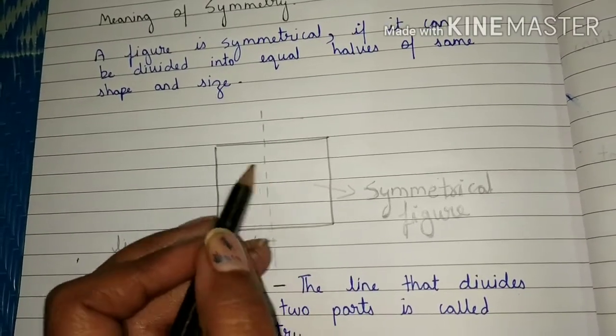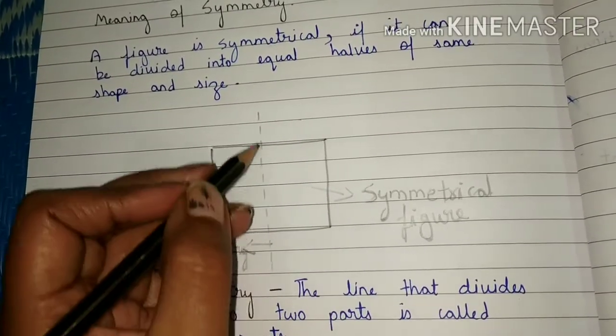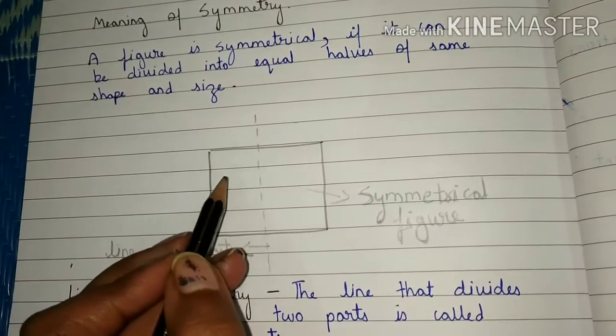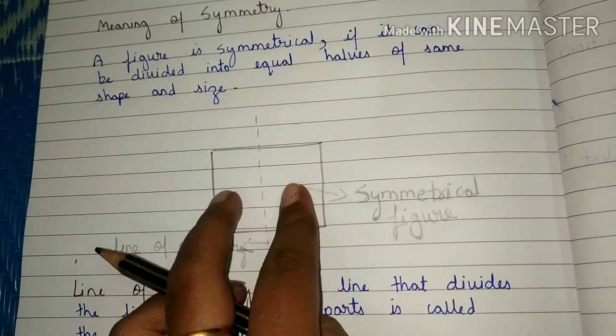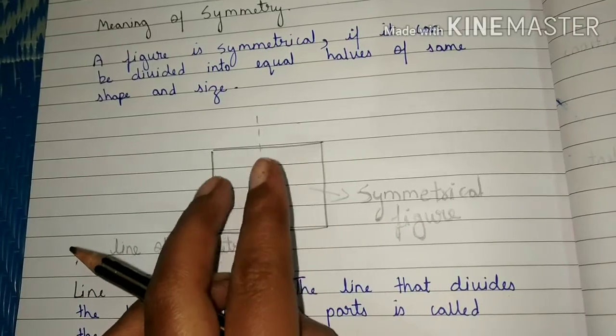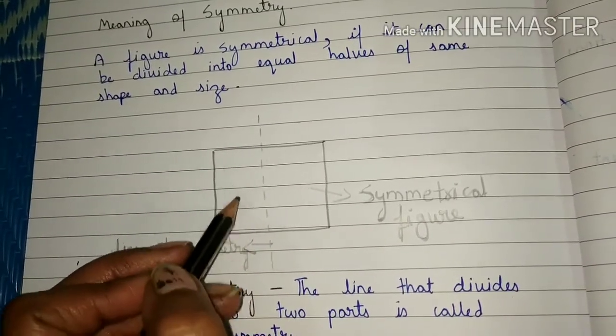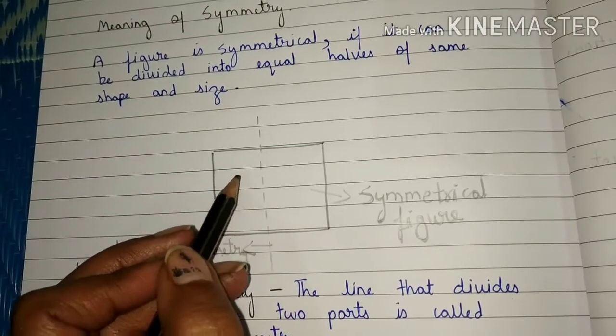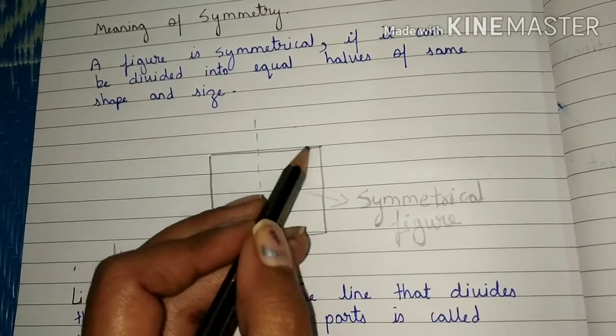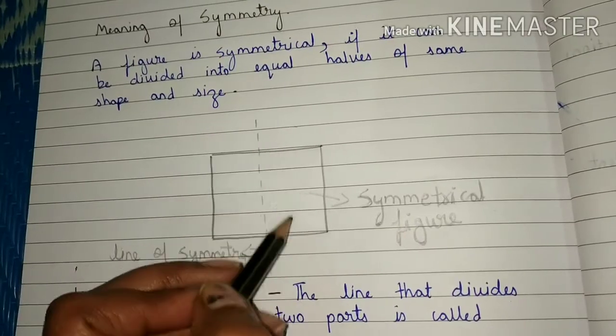Why are they overlapping each other? Because this line divides the figure into two equal parts and also the shape and size of one part is exactly similar to the shape and size of the other part.